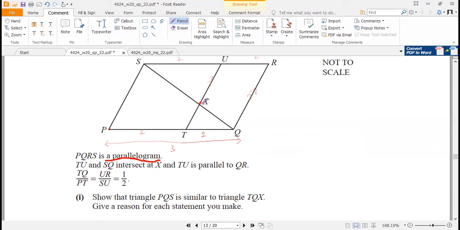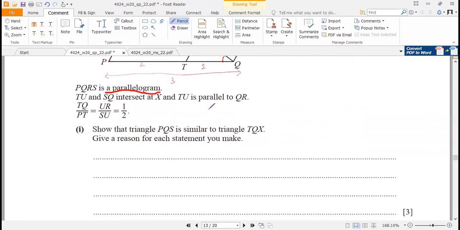So for this, firstly, we can say that the angle TQX, this one, is equal to PQS because these two angles are in common. So TQS is equal to PQS as these angles are common.